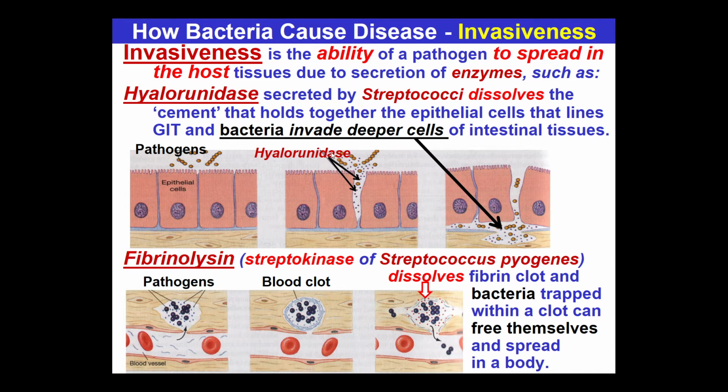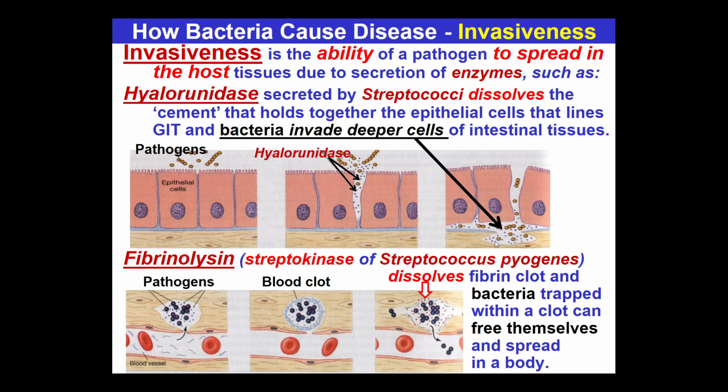If bacteria produce hyaluronidase, it dissolves this connective tissue, this cementum, neighboring cells become detached one from another, and bacteria and bacterial products may come inside this space between cells, and finally may go to the space between epithelial cells and the basal membrane of these cells.